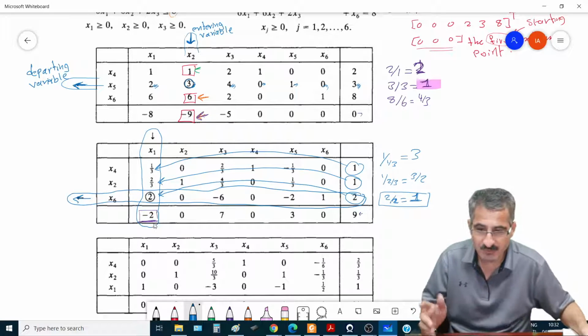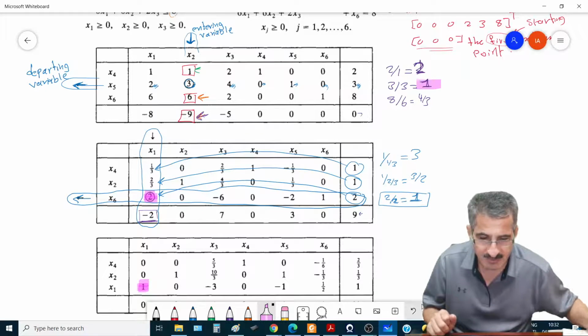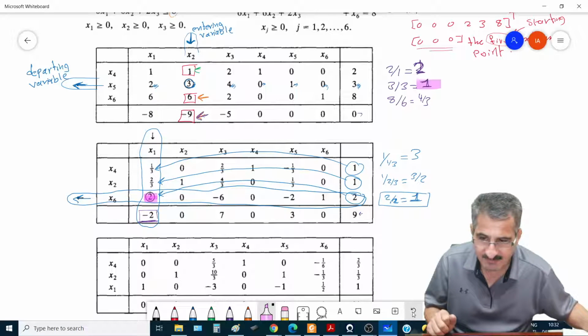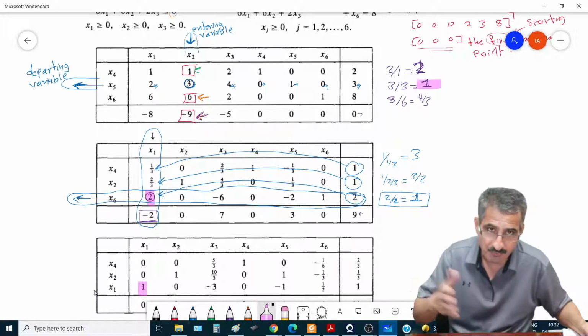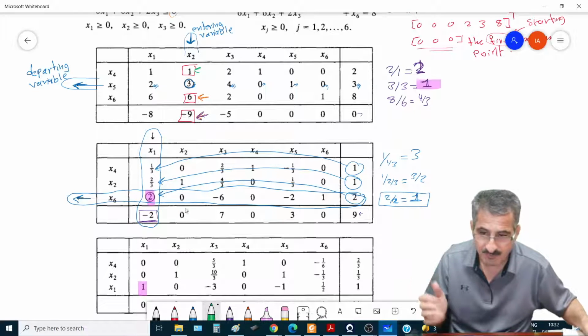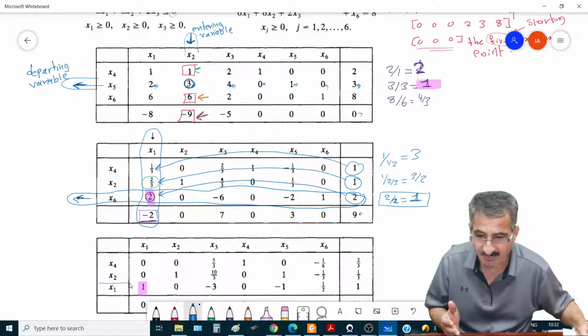Okay, now we'll do the same thing. We will convert this 2 to be 1, and use that to make row reduction, which means we want this to be 0 using the new row here. So we have the new row.